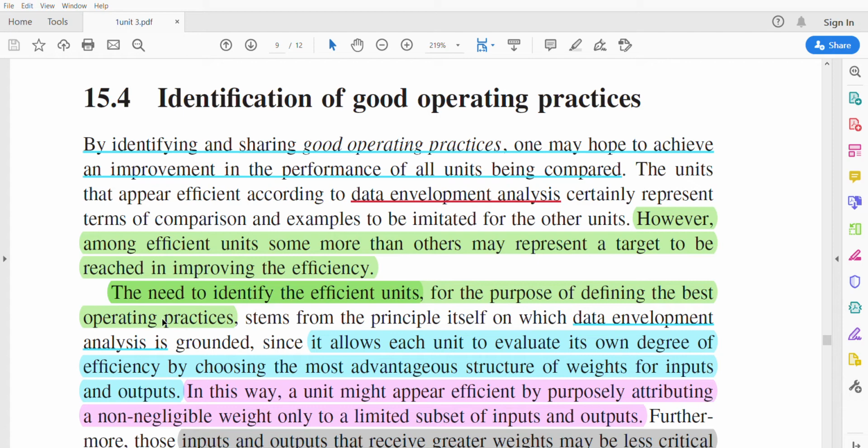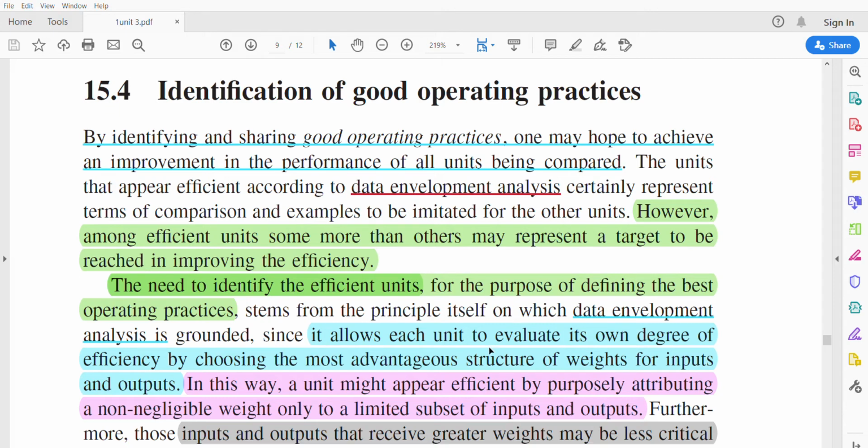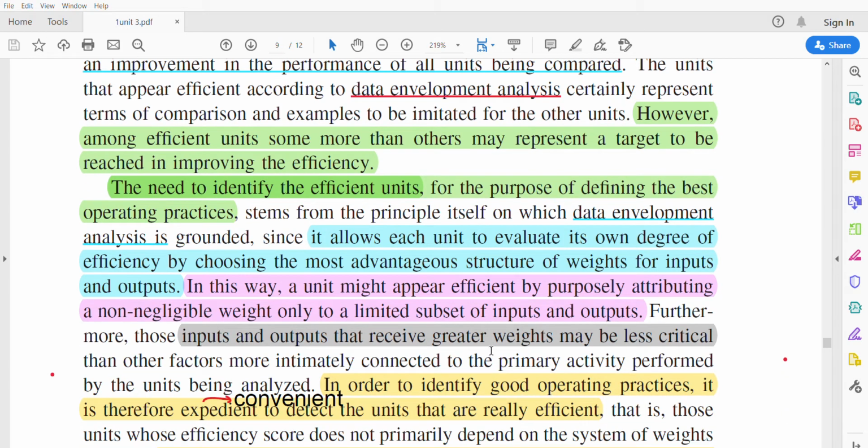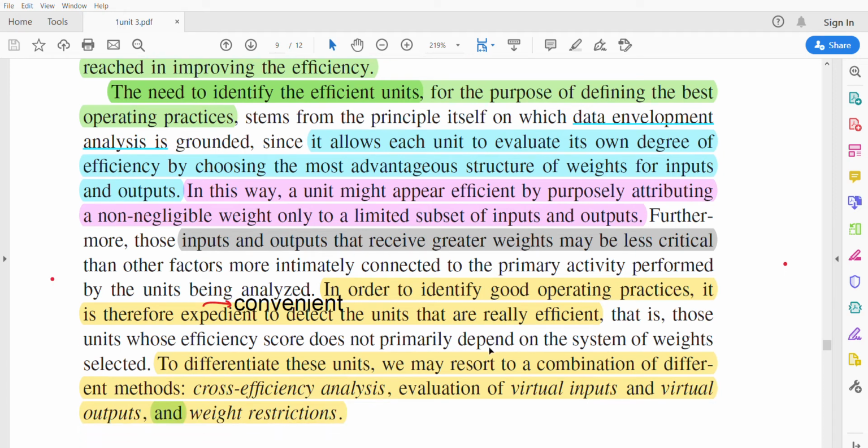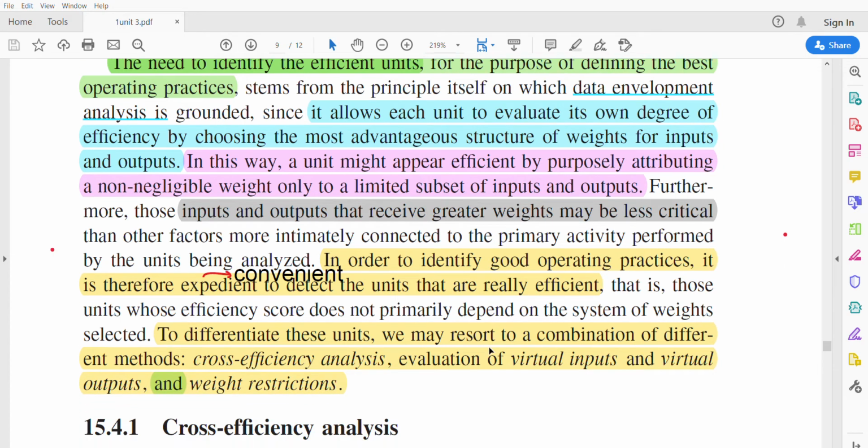For this, the ground principle is the data envelopment analysis, because it allows each unit to evaluate its own degree of efficiency by choosing the most advantageous structure of weights for the inputs and outputs.